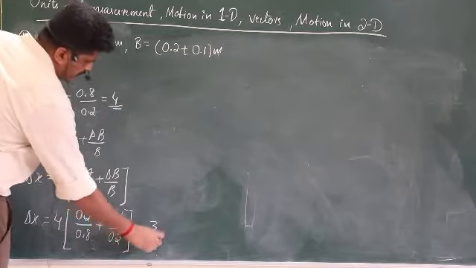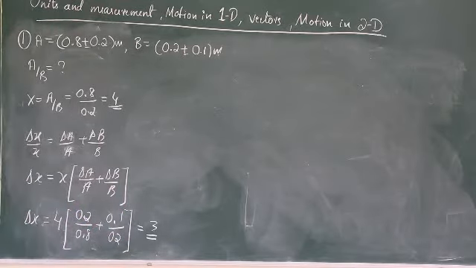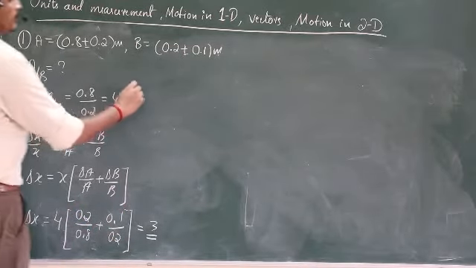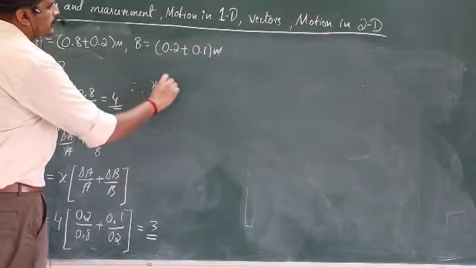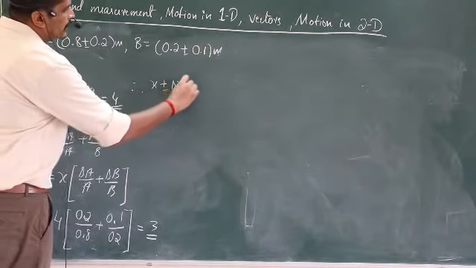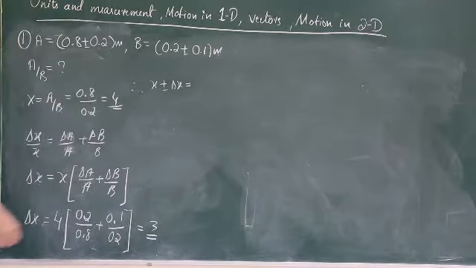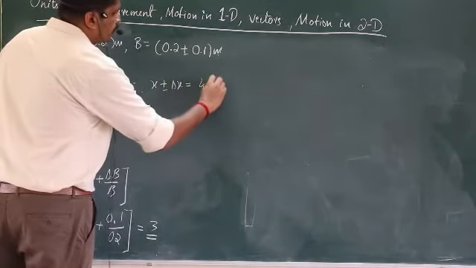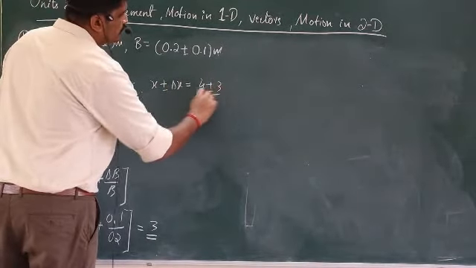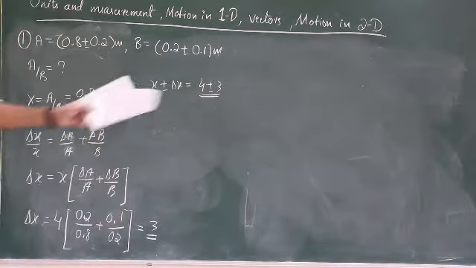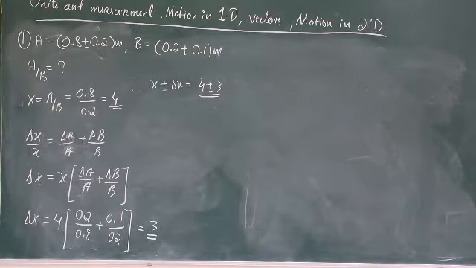Check the answer, calculate. Easy steps these are. So finally, X plus or minus delta X equals 4 plus or minus 3. Correct? So along with the error we have mentioned, 4 plus or minus 3, option is B.